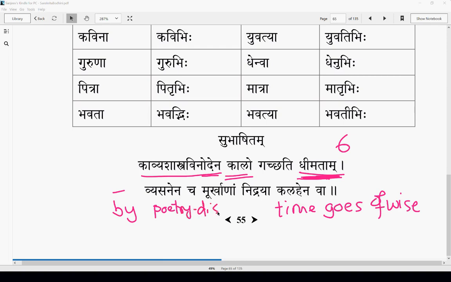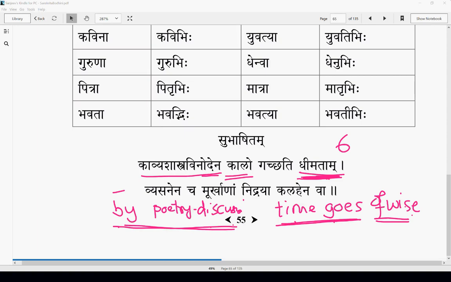I'll make it one word here. So now it has to be put literally. Literal translation. Time of wise goes by poetry discussion. Okay. So then poetry discussion is Tritiya Mahodaya. That is the way in which they spend time. Yes.